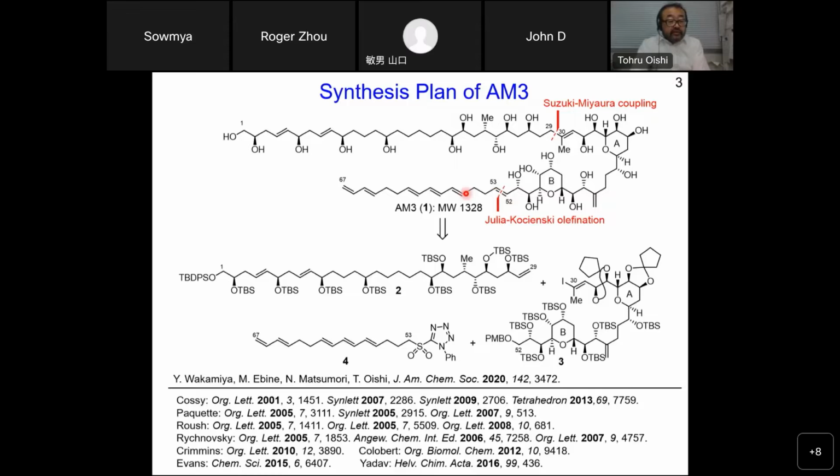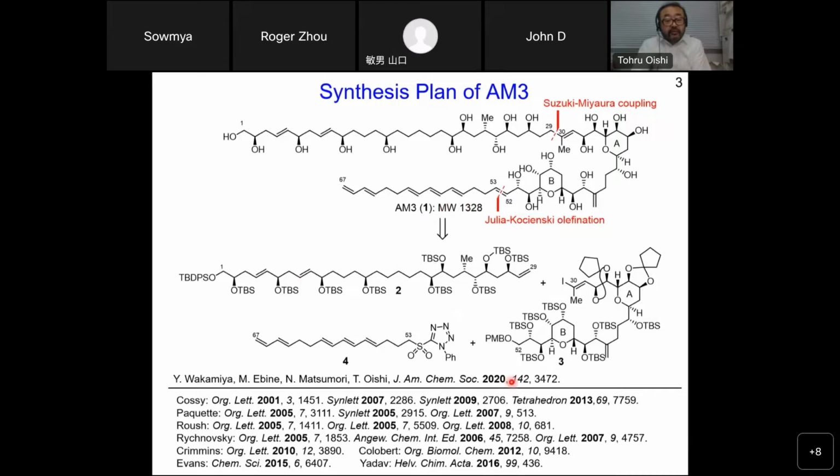However, in this strategy, it would be a daunting task to assemble the largest segments shown here and to construct the natural product, whose molecular weight exceeds 1300, 1328.